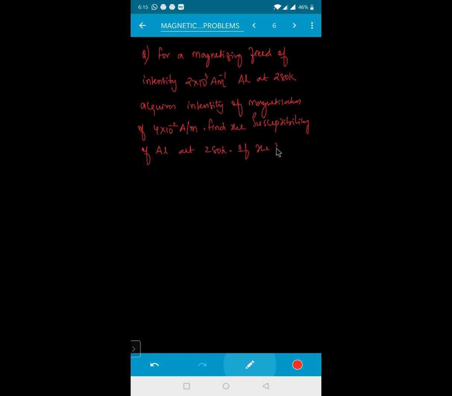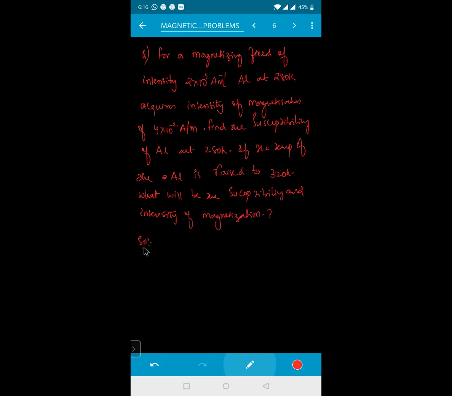If the temperature of the aluminum is raised to 320 Kelvin, what will be the susceptibility and the intensity of magnetization?